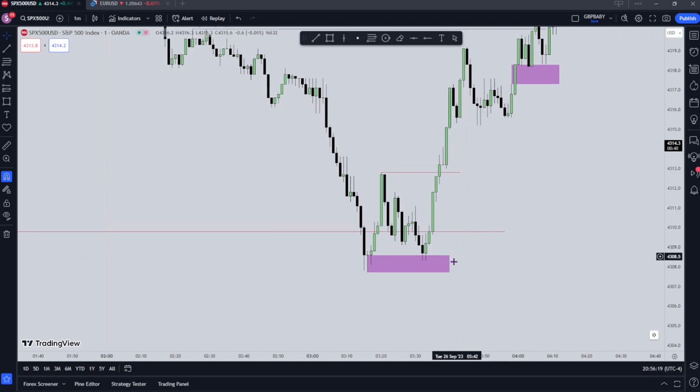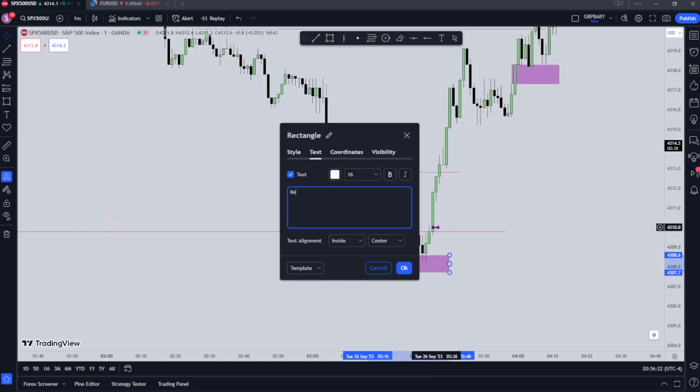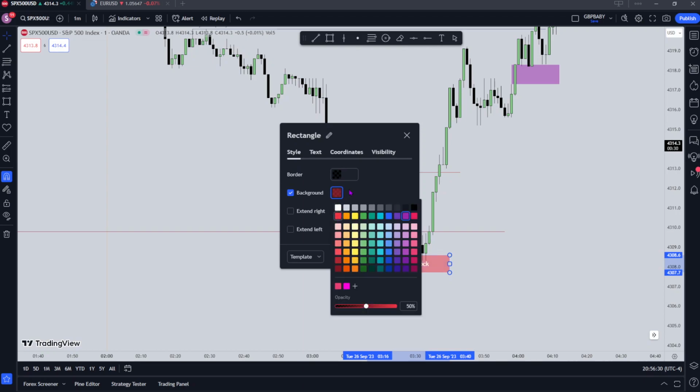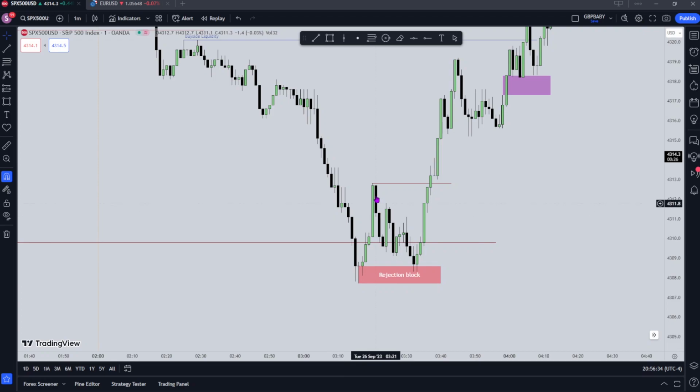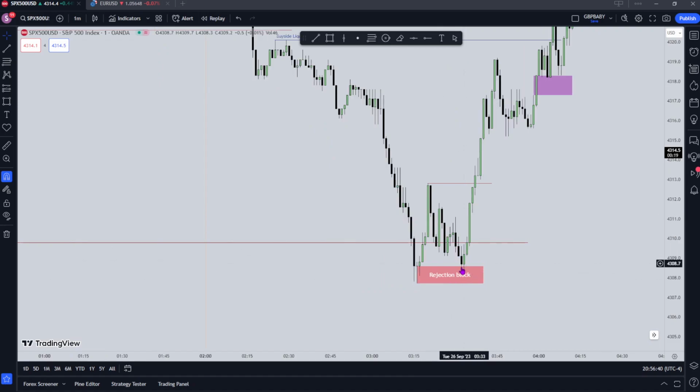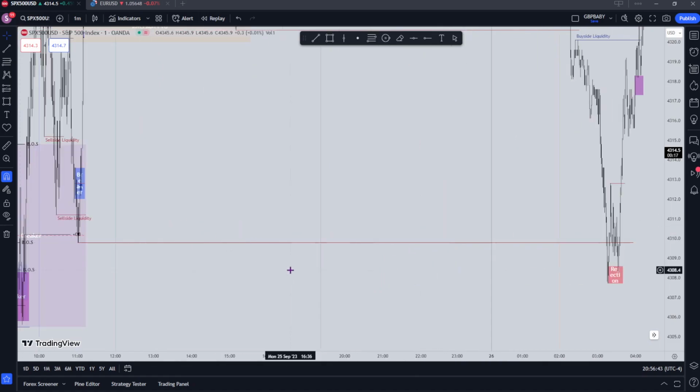Rejection block. Why? Because this candle got rejected from it, and when we come back into that range, you can see we get rejected from it again. Could you enter on this? I mean, considering we're taking out sell stops.